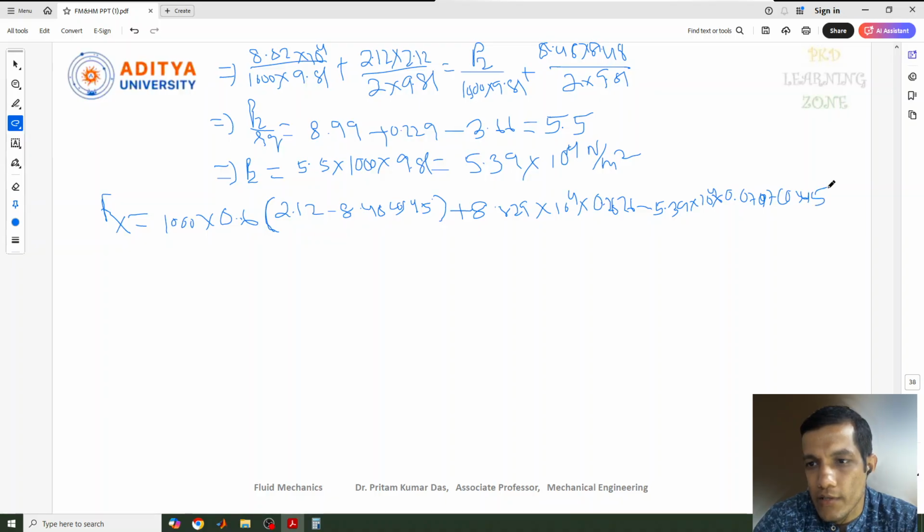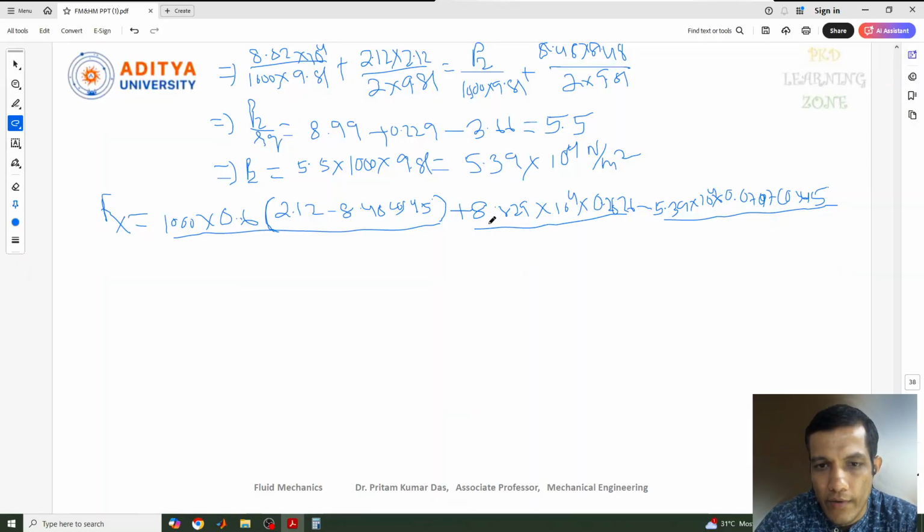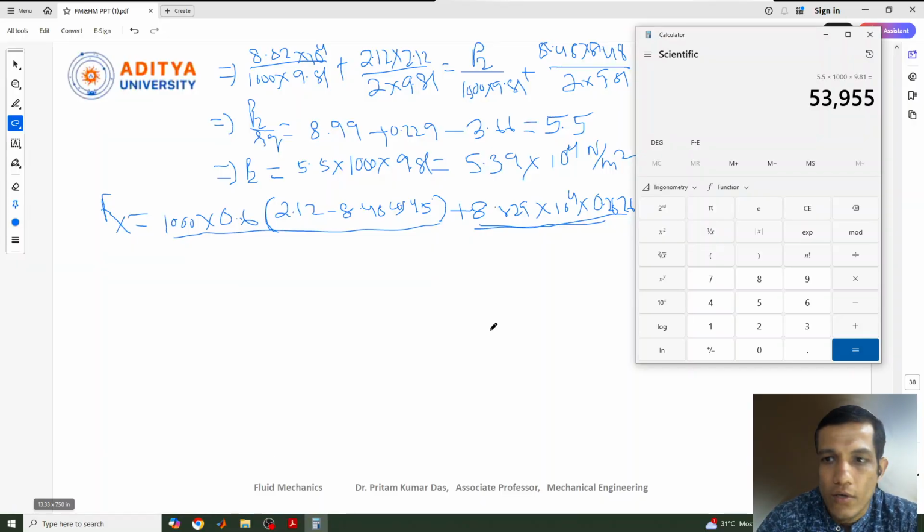Now see, this is a big lengthy equation and we need to solve it. First identify this value, then here we can identify one more thing, then again one more. So there are three parts, you'll get three values, and finally you can find the value of Fx.